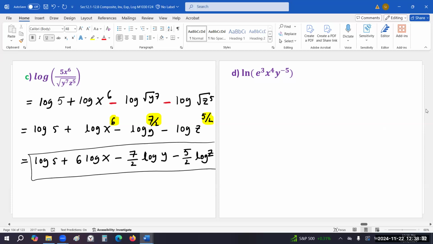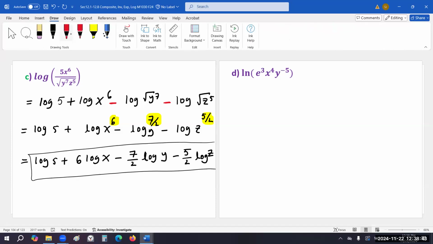So how are you going to split them? With addition sign or with subtraction sign? Which one? Addition. Multiplication means addition. So we have 3 things. That means we are going to have 3 logs: 1 ln, 2 ln, 3 ln. Each of them will get each one from the inside.